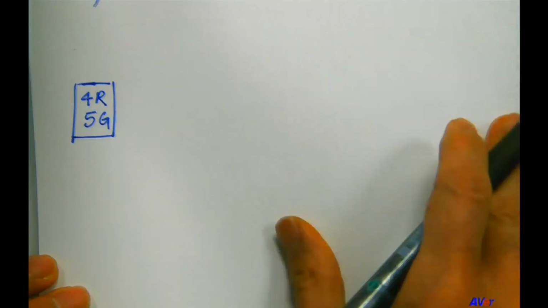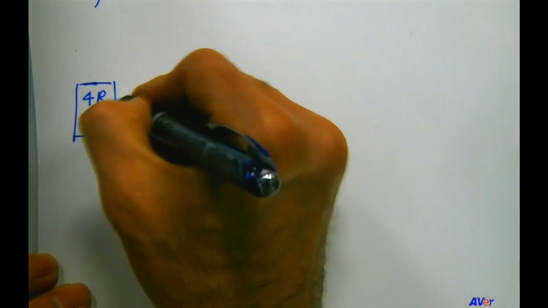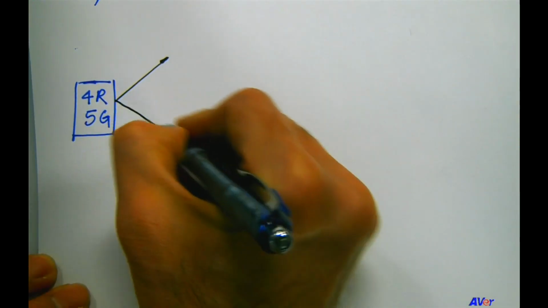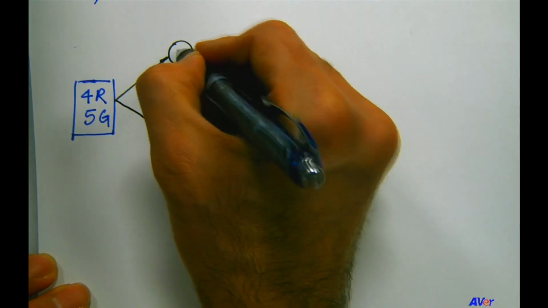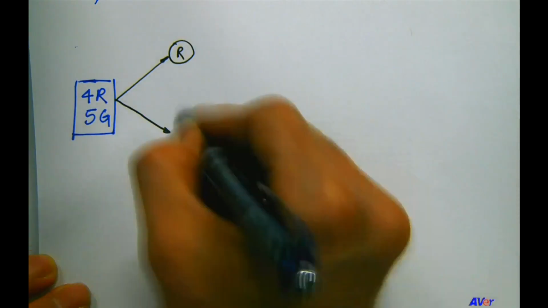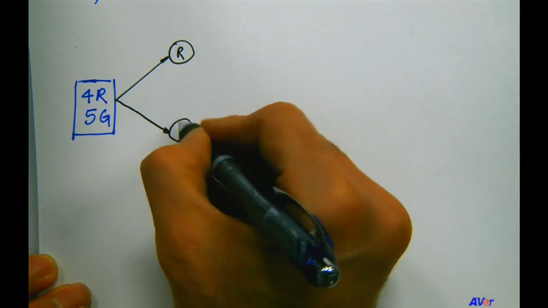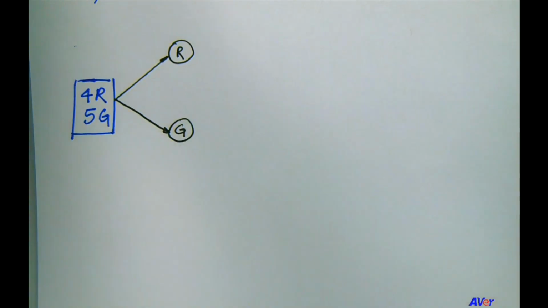And for that, we're going to have how many outcomes? 2 outcomes, right? Either we'll get a red object out or the person gets a green object out, right? Either one or the other.